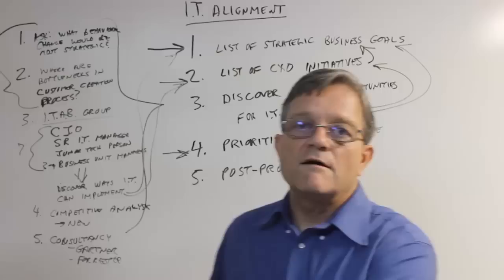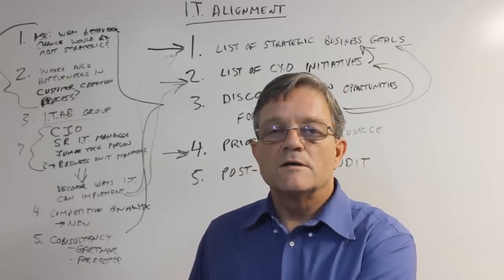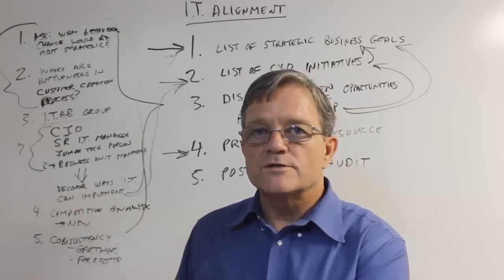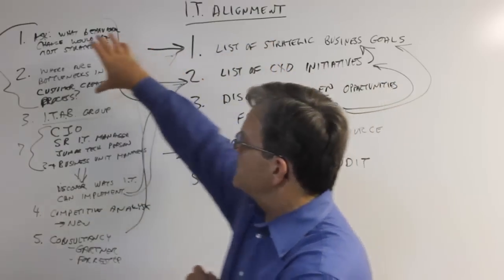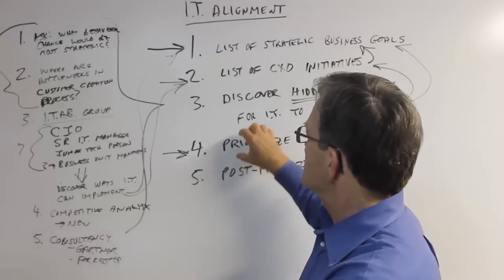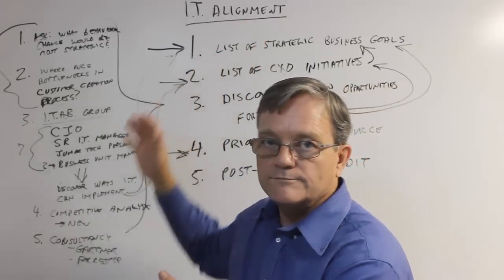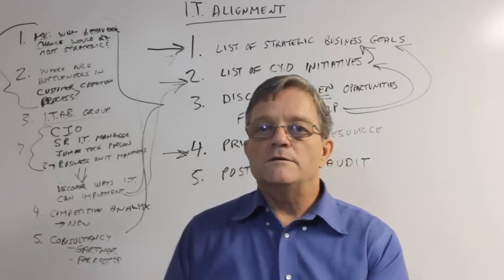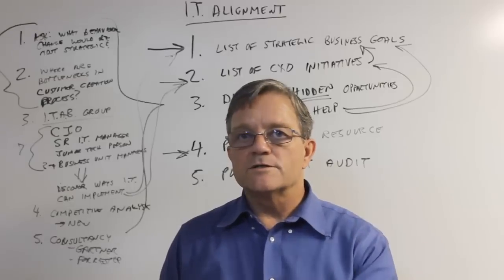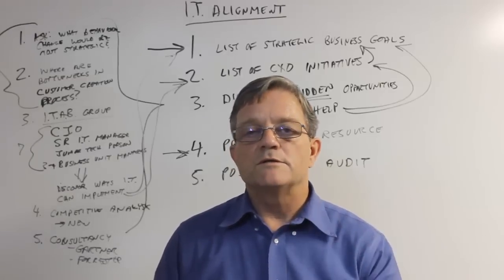If you don't have a well-executed process for IT alignment that the rest of the leadership team in the company is involved in, I mean, notice how many steps here they're involved in, all of them. And if you're not properly orchestrating that, then there's a leadership vacuum there, and you need to step into it.